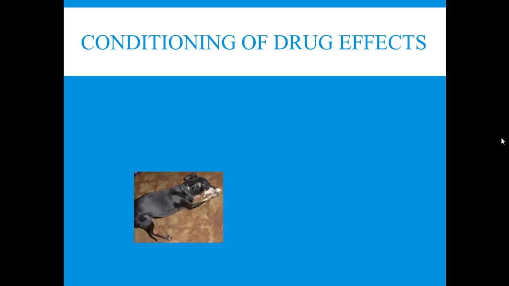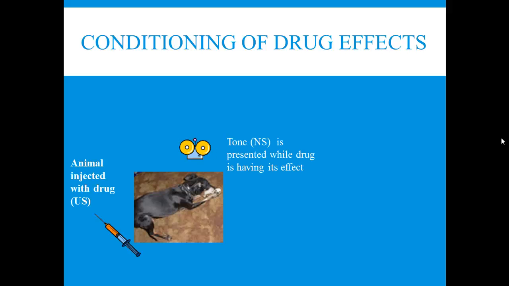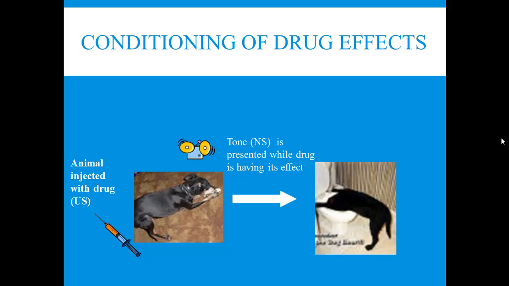This is a little slide that I put together to reinforce this concept of conditioning. Let's imagine that we inject a dog with a drug that makes it sick, and a bell is ringing while it's getting sick. The getting sick part is the unconditioned response.